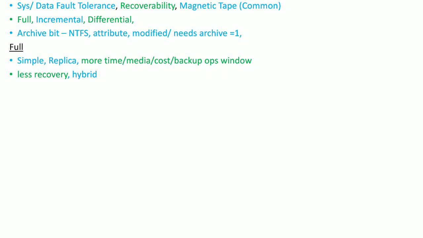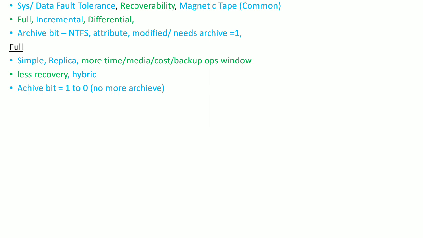Therefore, we use a hybrid approach where we use the full backup in combination with the incremental and differential backup, which I will discuss in a later part of this video. Once a file is collected or archived by full backup, the file's archive bit value is set to 0 if its value is 1.